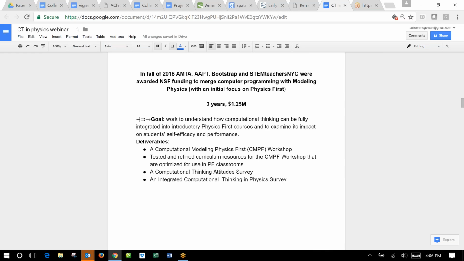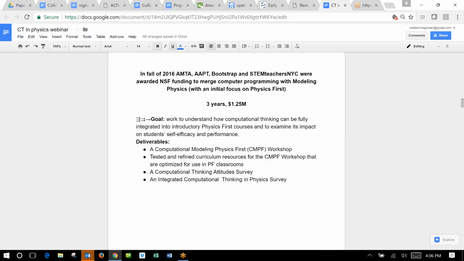So we met them at an AAPT meeting and thought, you know what, we have this common interest in making computational thinking, and computing in particular, a little more explicit in physics. So what shall we do?